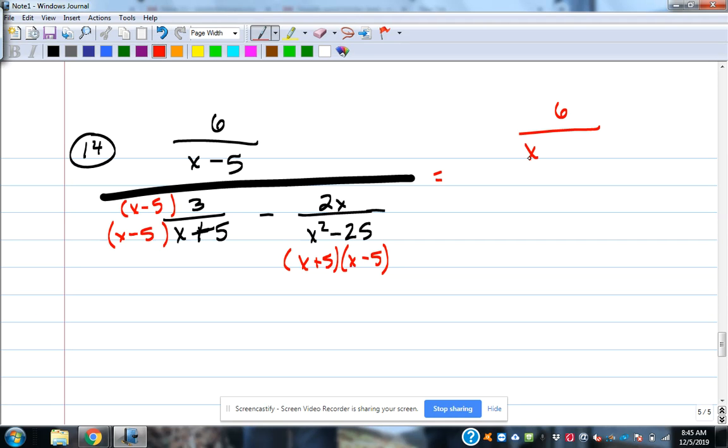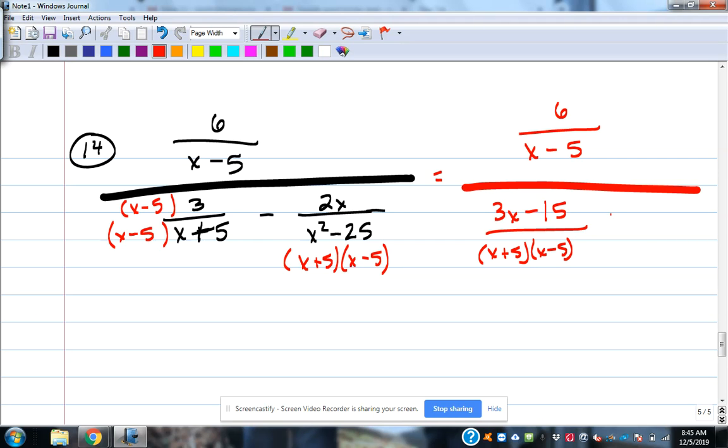Haven't changed it at all. And then the denominator, you're going to have 3x minus 15 over x plus 5, x minus 5, minus 2x over x plus 5, x minus 5.